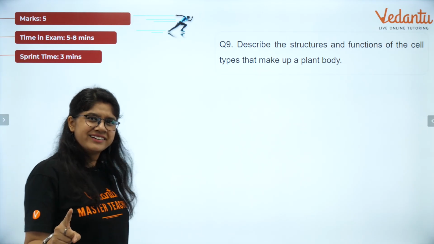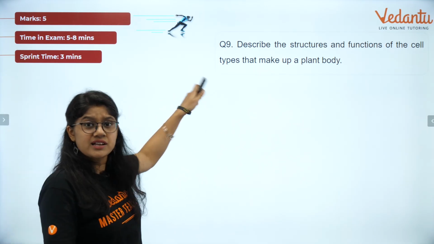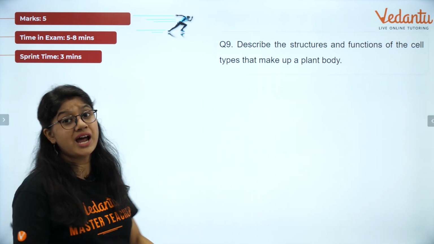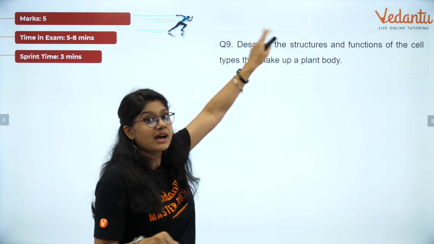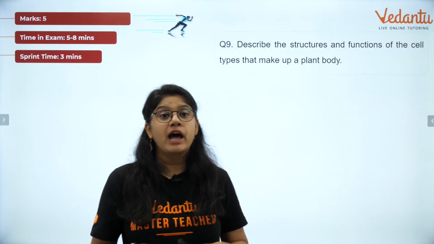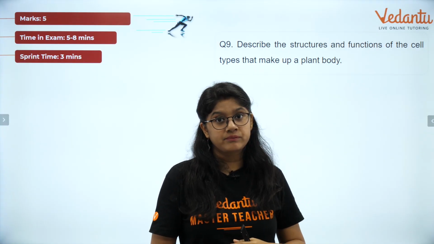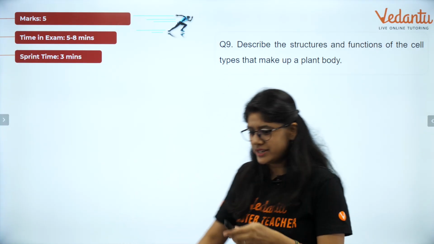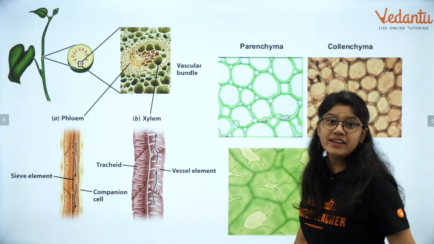What I just asked? We have to understand the question first. The question is asking us to describe the structure and the functions of cell types that make up the plant body. So basically we have to write and we should know about the tissues which make the plant body. And if I am right, there are a lot of answers coming up in your mind, and here are the answers, everyone.